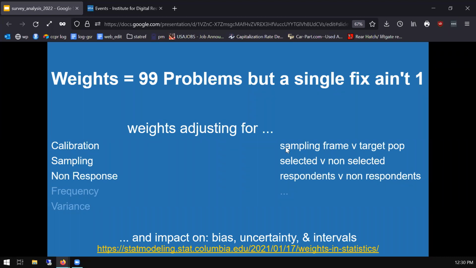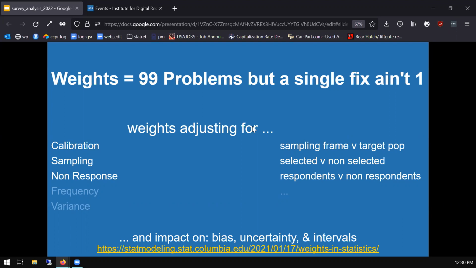All right, so weights are important. What's problematic with talking about weights is this one word can have many different meanings. There's a lot of different types of weights, and they all serve different purposes.